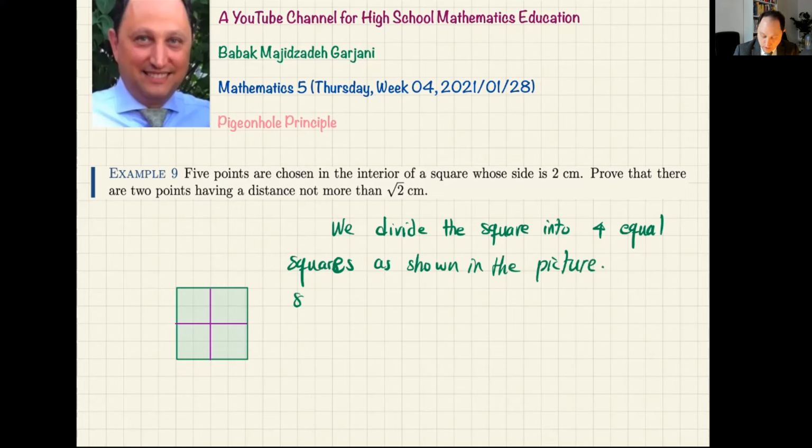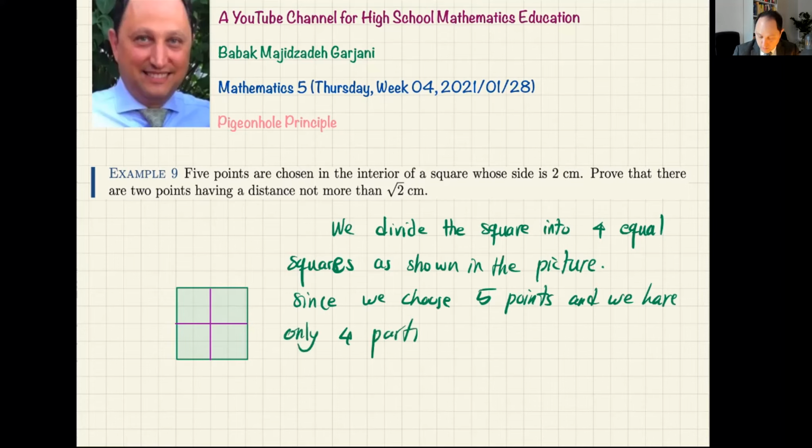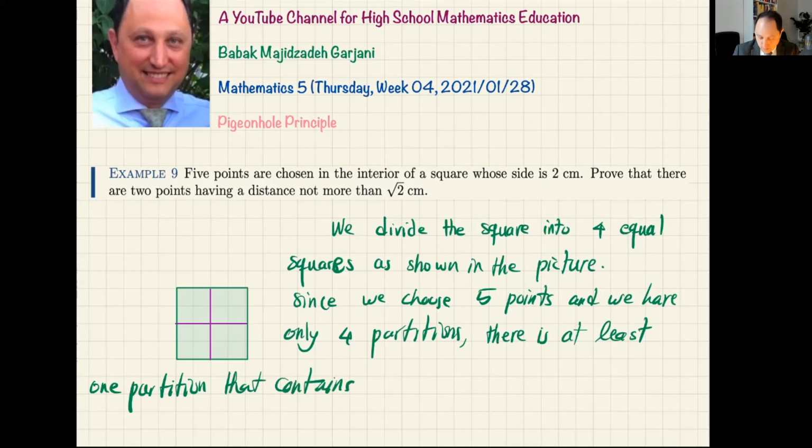Since we choose 5 points, and we have only 4 partitions, there is at least one partition that contains 2 or more points.